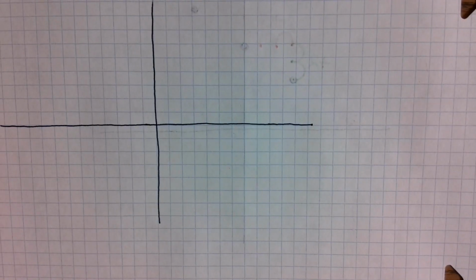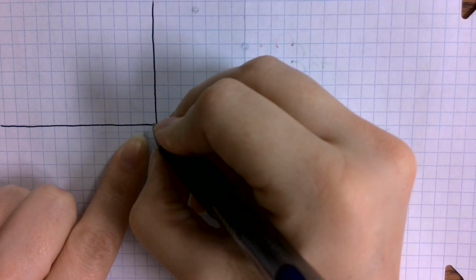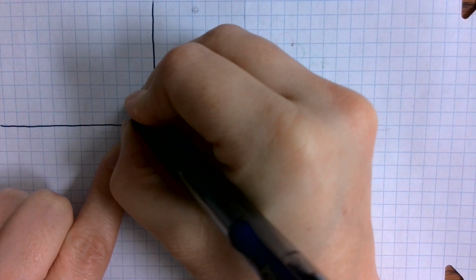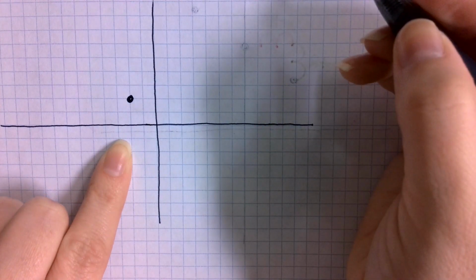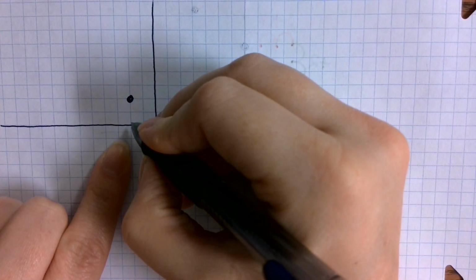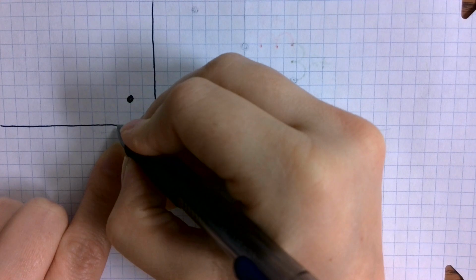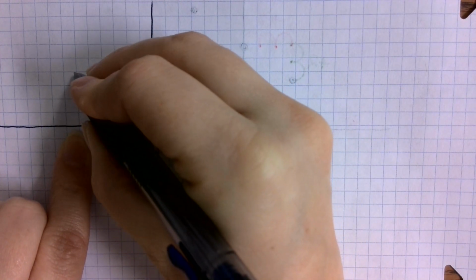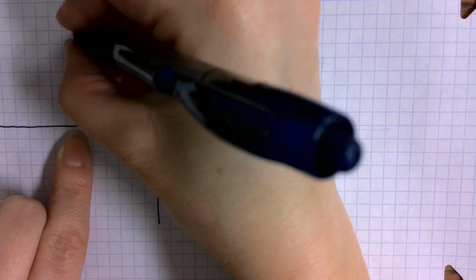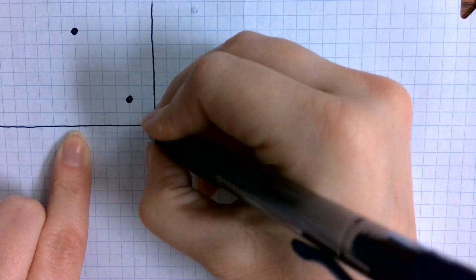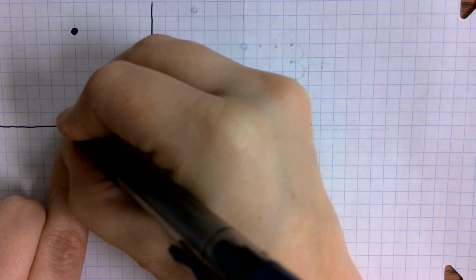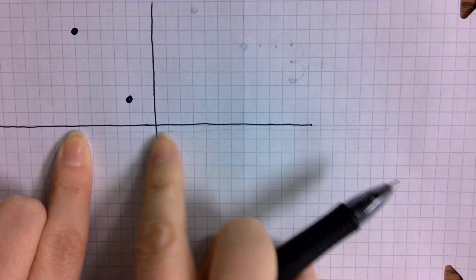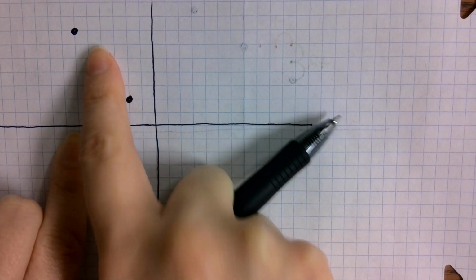So what I want you guys to do is graph points at, we'll say, -2, +2. Then we're going to go 1, 2, 3, 4, 5, 6 over to 1, 2, 3, 4, 5, 6, 7. Then you're going to go to -6, +7.